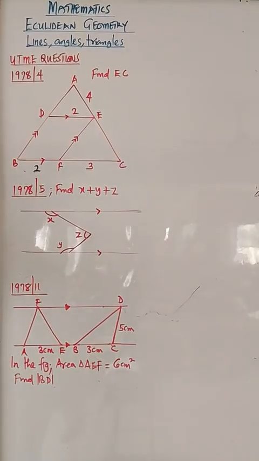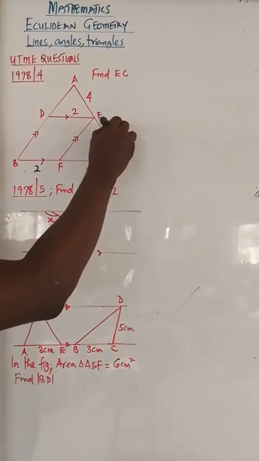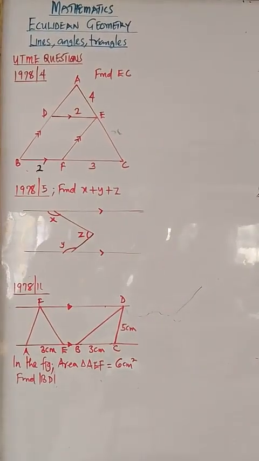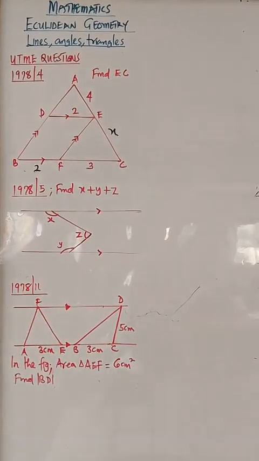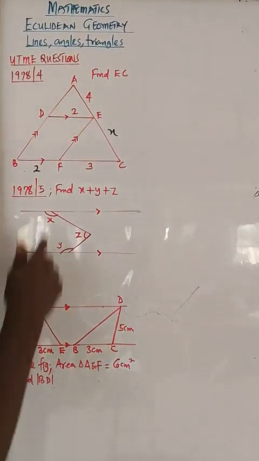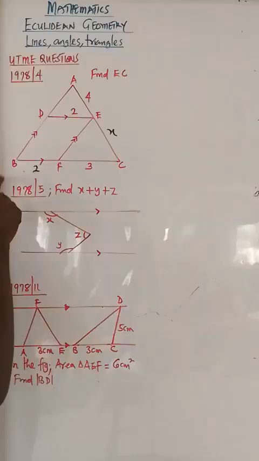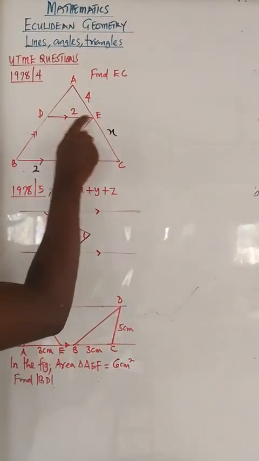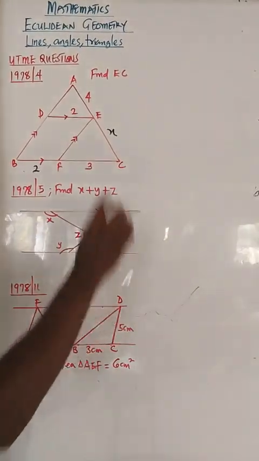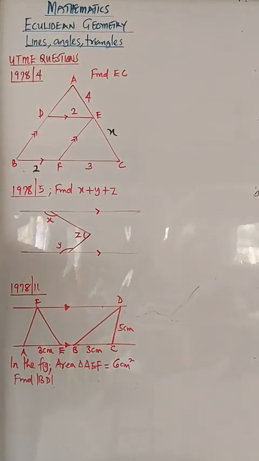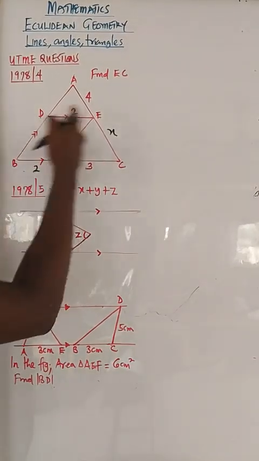Then the EC we are looking for, let's call it X. Our aim is to get the value of X. Now applying that rule, DE over BC, if we divide this by this, we have to get AE over AC.